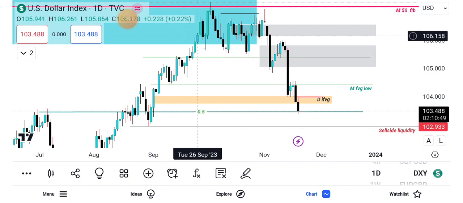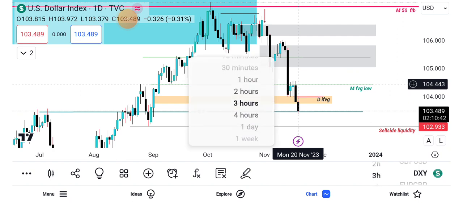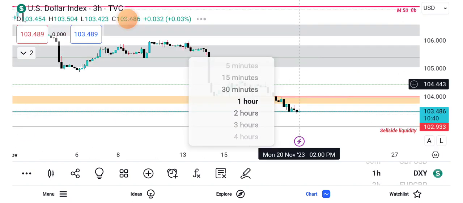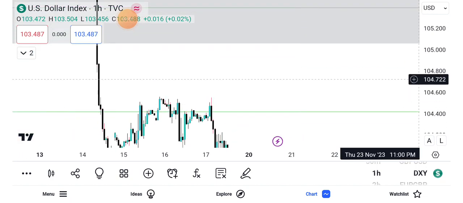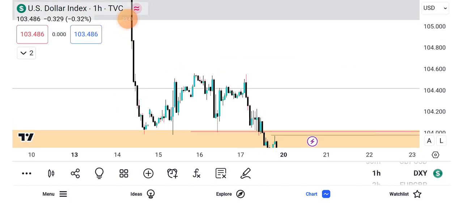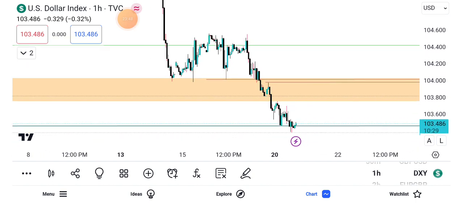You can see this curve over here heading lower. So dropping onto the 1 hour, I want to see what really happened today.